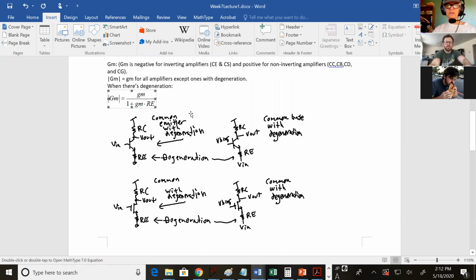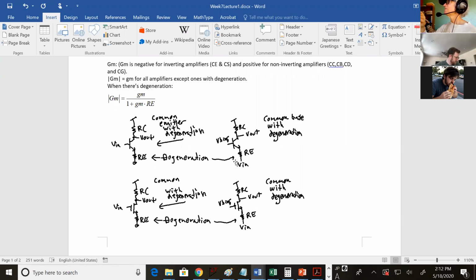And the equation for GM then: for every other amplifier you've seen, big GM is just little GM, plus or minus little GM. But for these, your GM is decreased by 1 plus GM times RE. And again, if it's a common emitter, there's a minus sign in front.